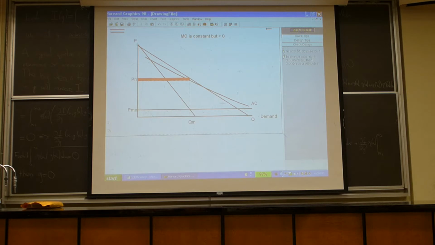And there would be this number of people using the highway right here. So this would be the optimal number, QMC, right? This is what should be the optimal use of the highway according to marginal cost pricing.